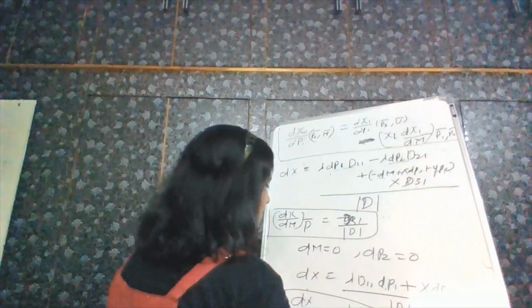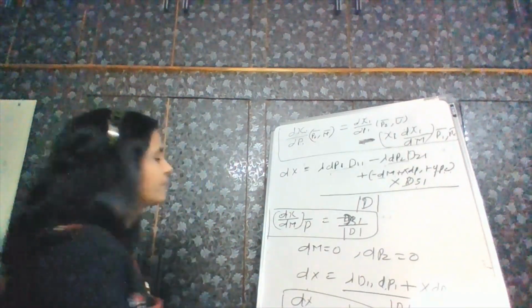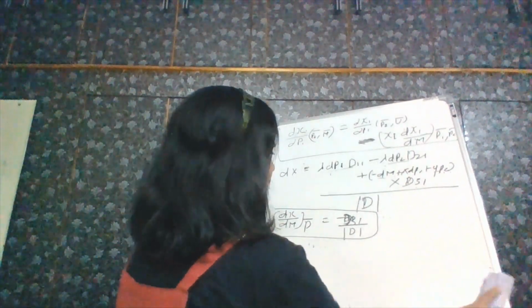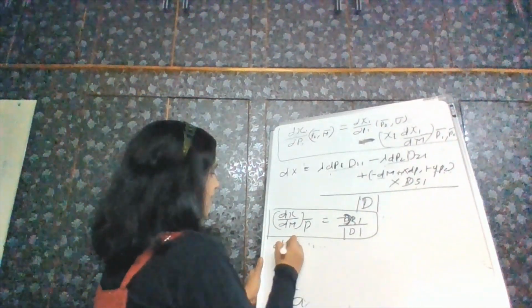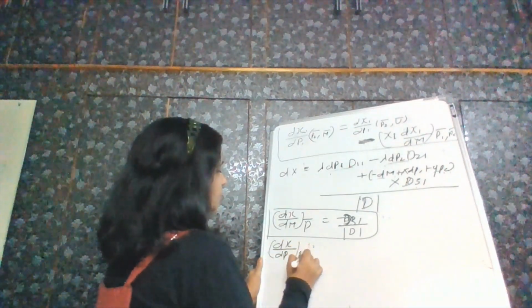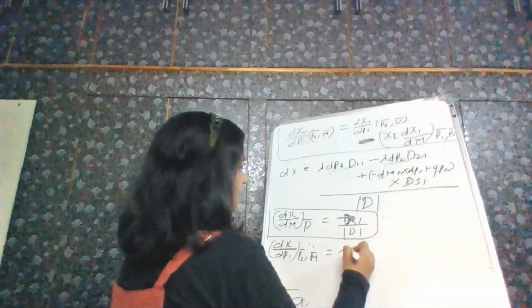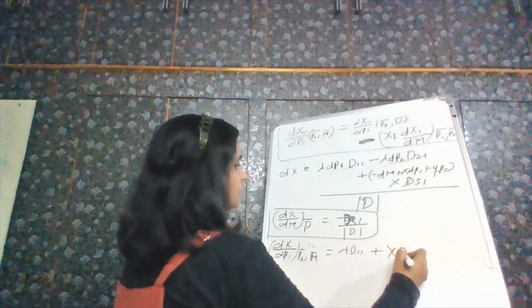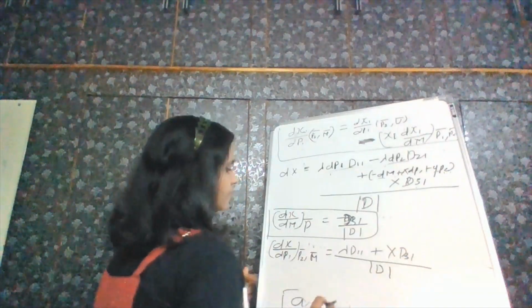So this is another equation, and this is when your m is constant and p2 is constant. We'll write it along with this: dx by dp1 when your p2 is constant and your m is constant is equal to lambda d11 plus x d31 by d.